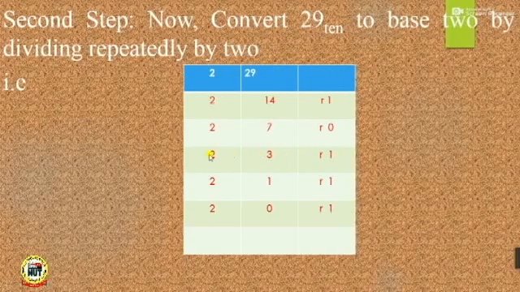Then 3 divided by 2 gives us 1, remainder 1. Then 1 divided by 2 is not possible here, so write 0, because we have not been able to divide or share anything, then bring that 1 here. We did not divide the number because 1 divided by 2 will give us a decimal fraction. So allow the 1 to be the way it is and then write 0, then bring the 1 here.